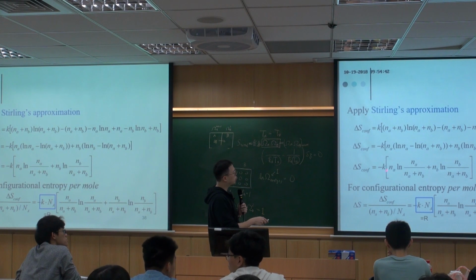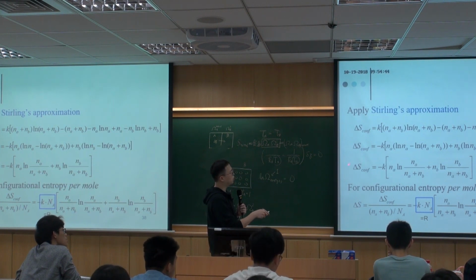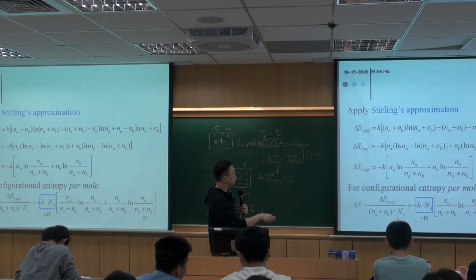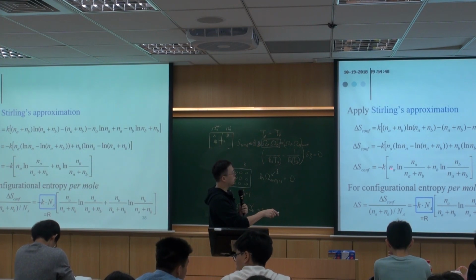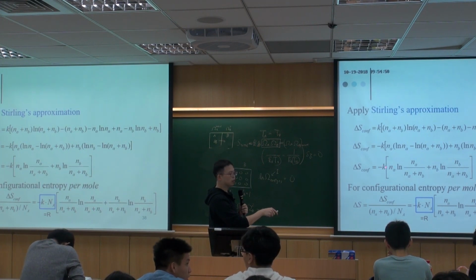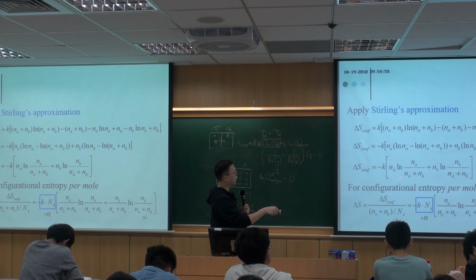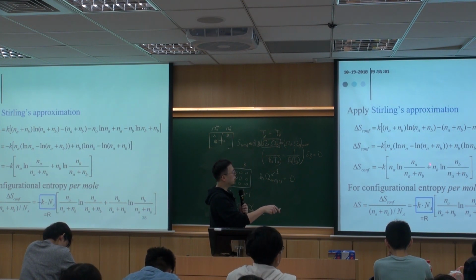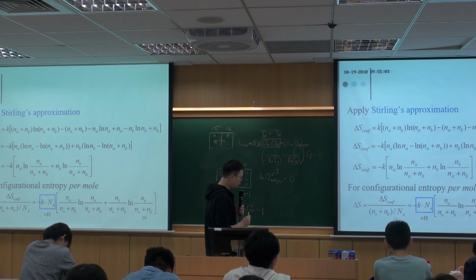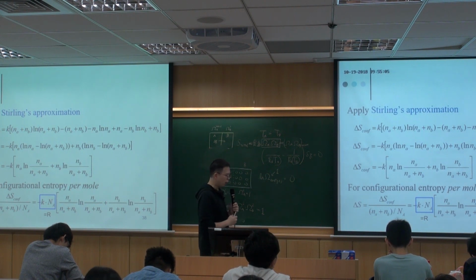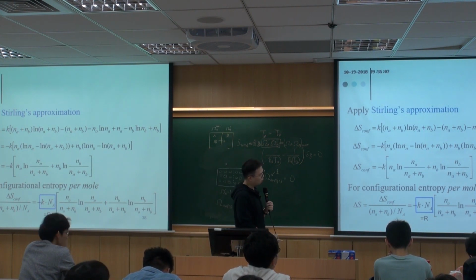The delta S, the change of entropy for the configurational change, is minus k, and this is the Boltzmann constant, times this. The first term is related to NA, the second term is related to NB, and you'll see that this is similar to the molar fraction that you learn in chemistry, right?